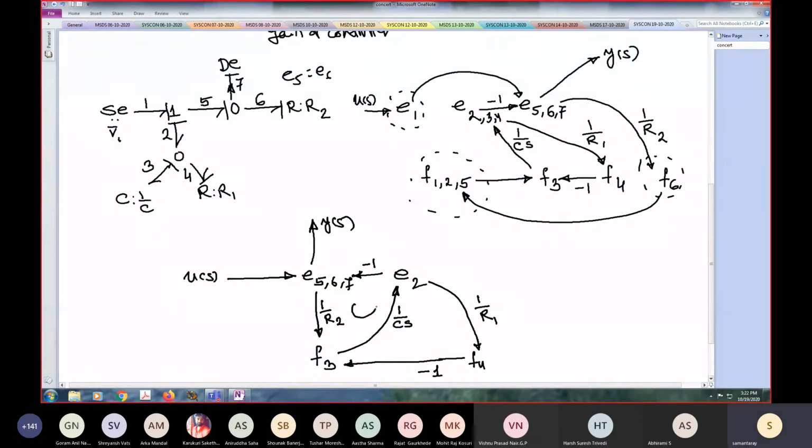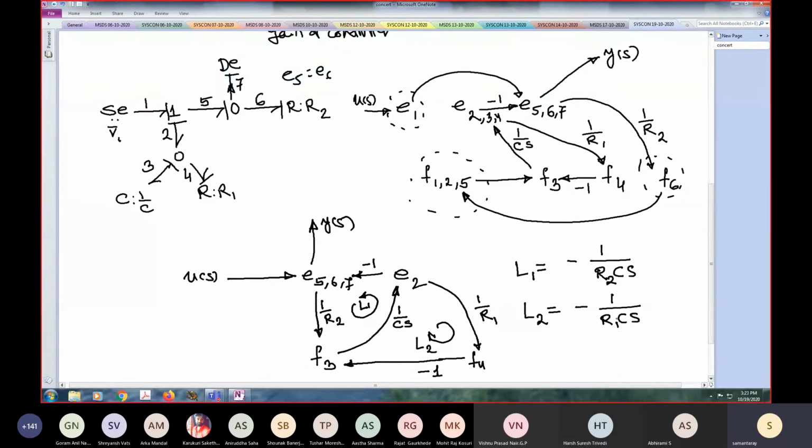Now if you look at this, we have a loop here, L1. We have a loop here in this direction. This is L2. L1 gain is minus 1 by R2CS. L2 gain is minus 1 by R1CS.